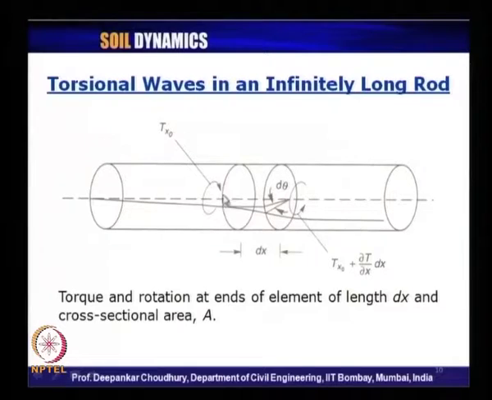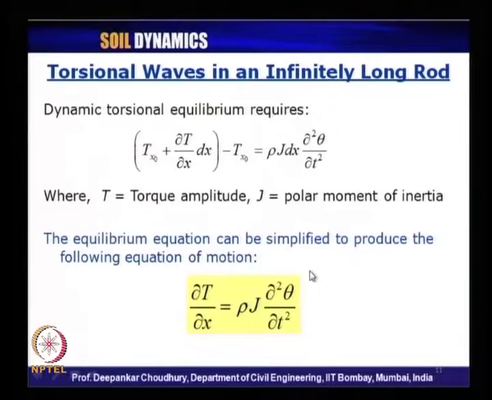The same thing, the difference between the torque at the two ends of this small element, the total torque can be equated or total moment can be equated with respect to the inertia force due to the dynamic movement of the particle within this element. So, if we do that, what we can write? The dynamic torsional equilibrium will give us T x naught plus del T del x into dx minus T x naught.